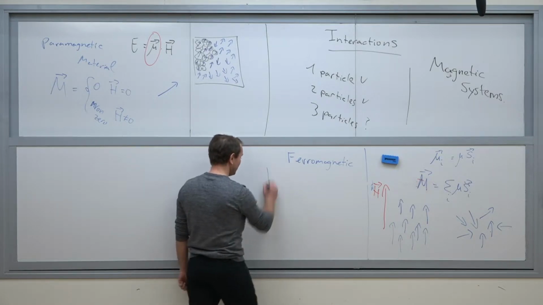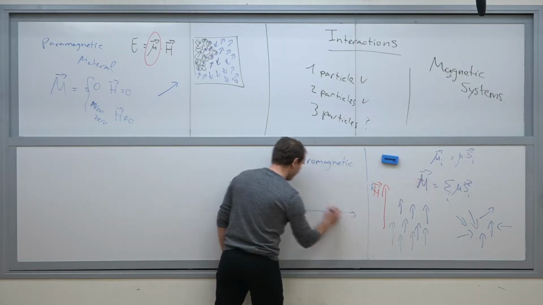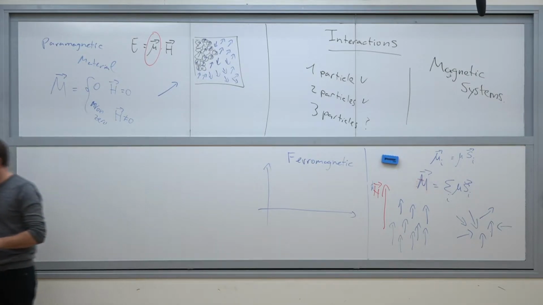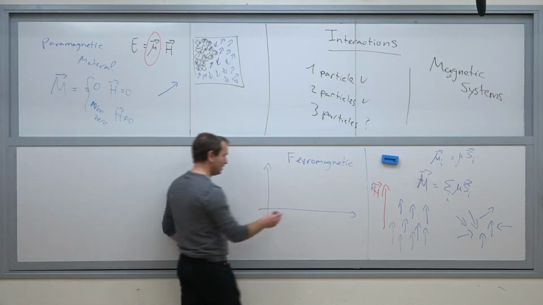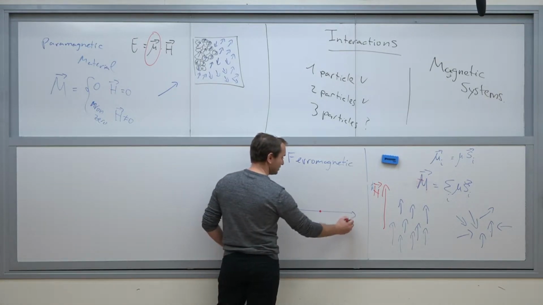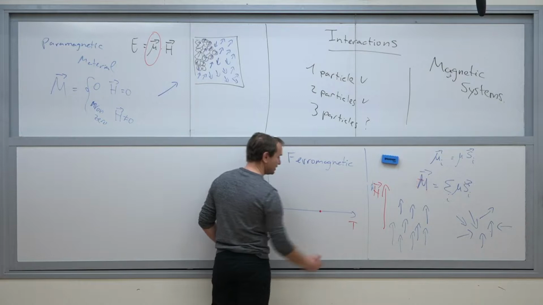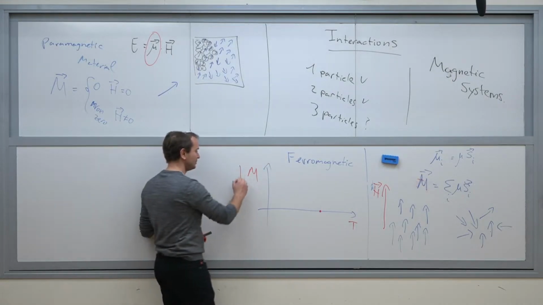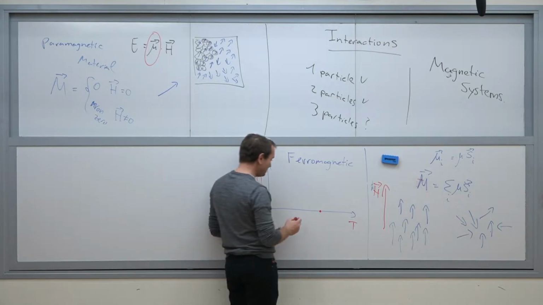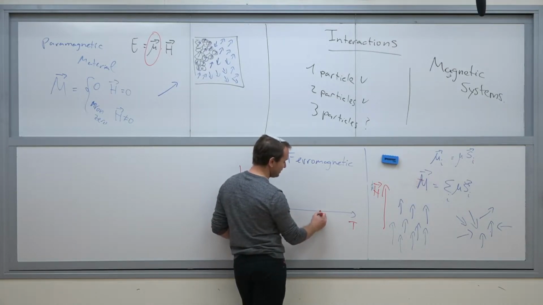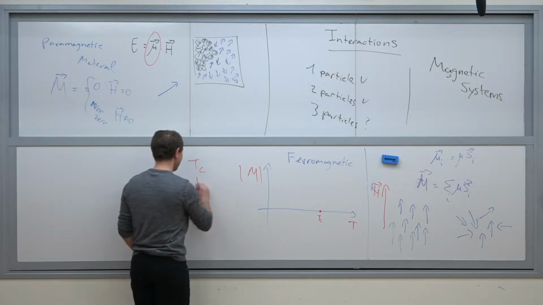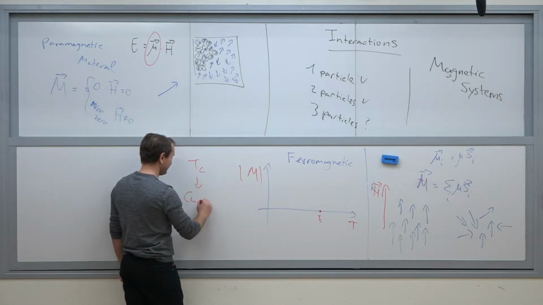But if we plot the net magnetization, this is M, as a function of temperature, we would see that there exists a specific critical point. It's called Tc, the Curie temperature.